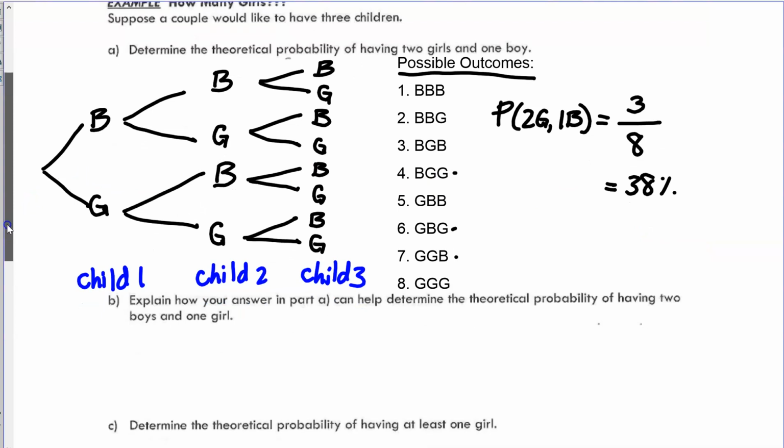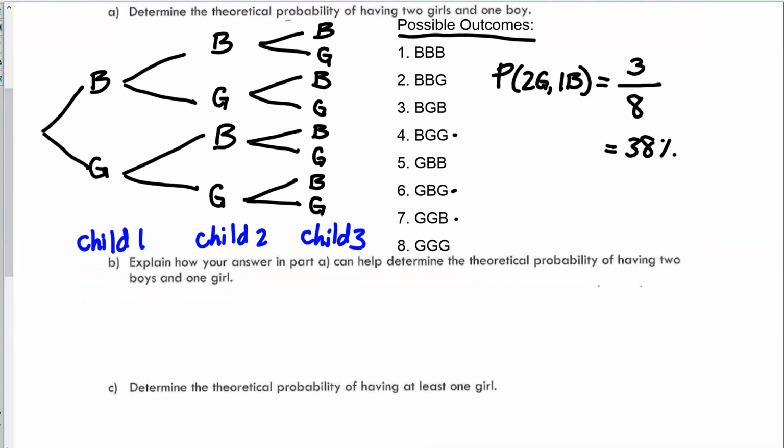Okay. Part B says, explain how your answer in Part A can help determine the theoretical probability of having 2 boys and 1 girl. So if you look up here, the possibilities of having 2 boys and 1 girl are 1, 2, and 3 again.